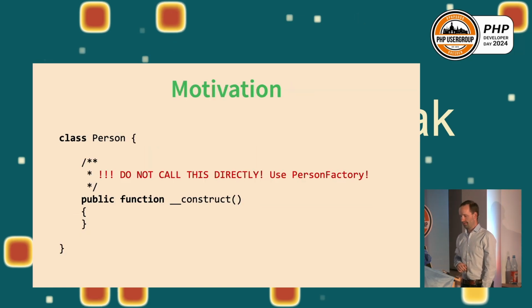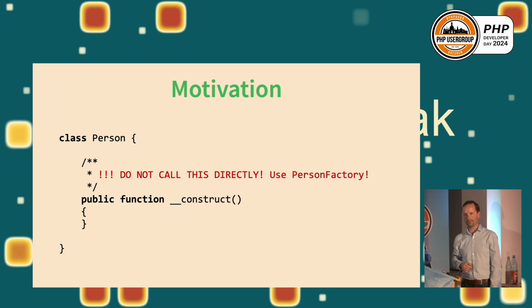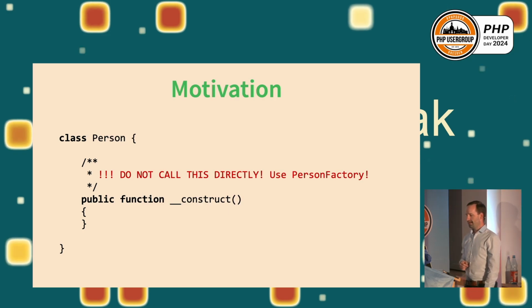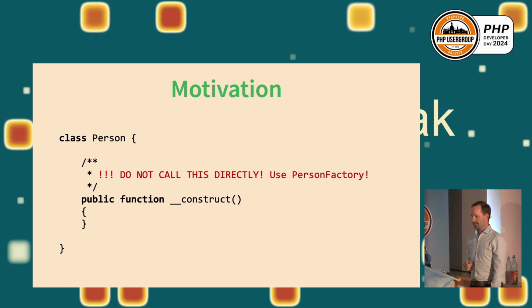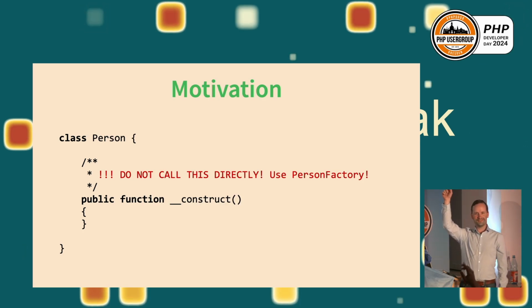And the reason why someone would want to write a custom rule for their code base in PHPStan is automation. So when you are doing code reviews, I hope that you are doing code reviews. Yeah, not everyone.